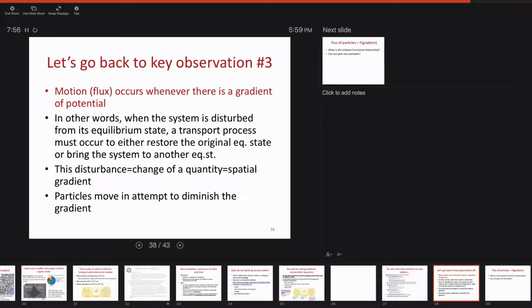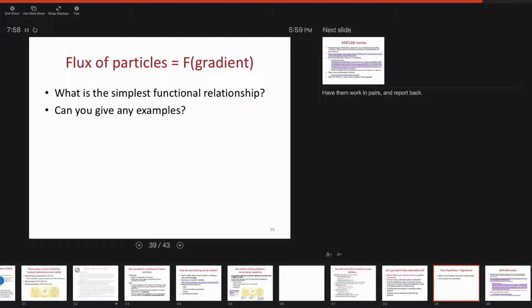So what is the simplest law that I could come up with that tells me how the flux of particles reacts to this gradient of potential, whatever this potential may be? So fluid flux as a function of gradient in pressure. What's the simplest law you could come up with? Mathematically, what would that function be?